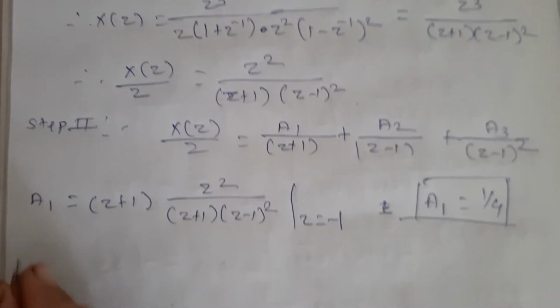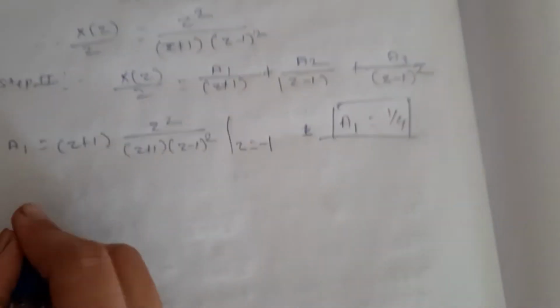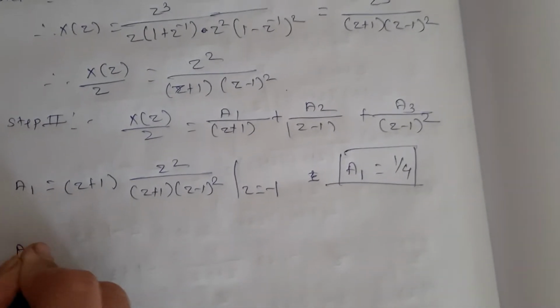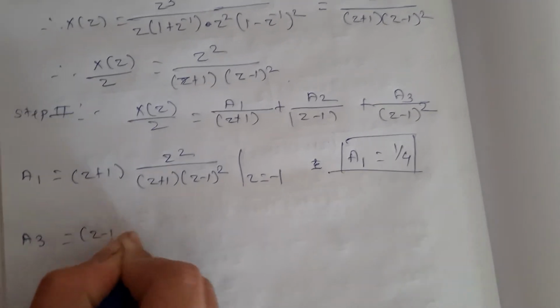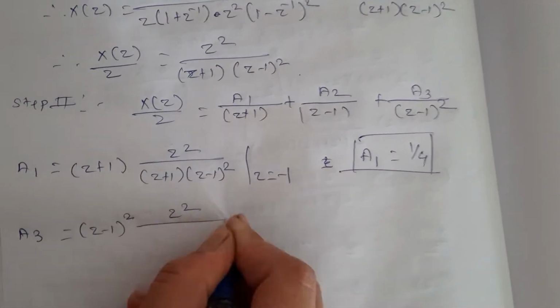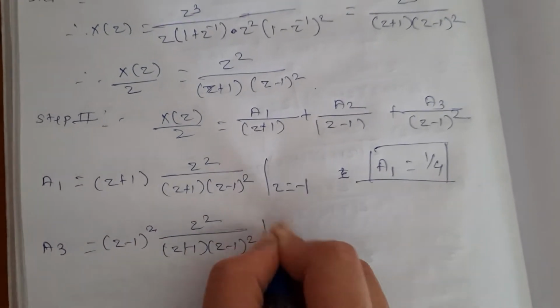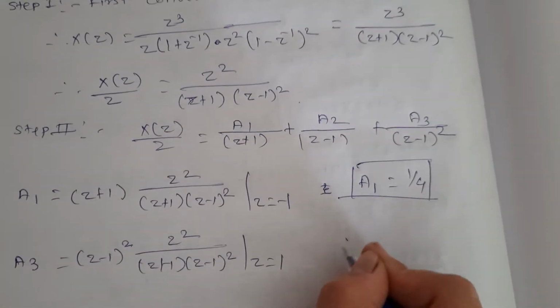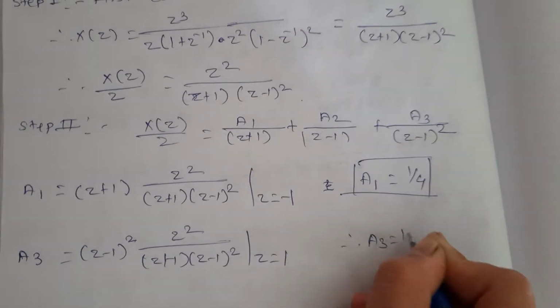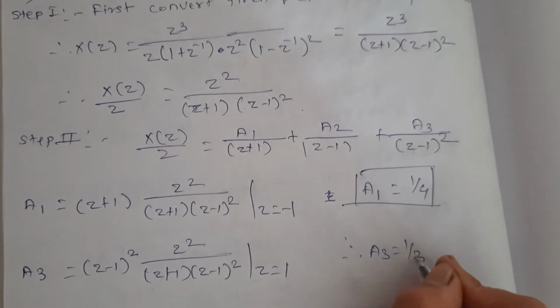Next we find A3. So it is (z - 1) squared times z squared divided by (z + 1)(z - 1) squared, at z equal to 1. By substituting we get the answer 1/2.